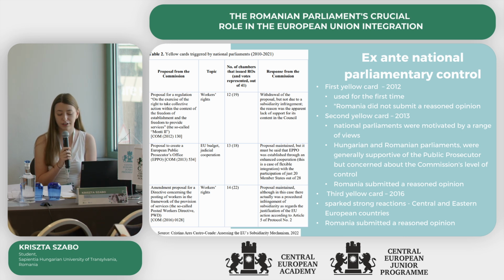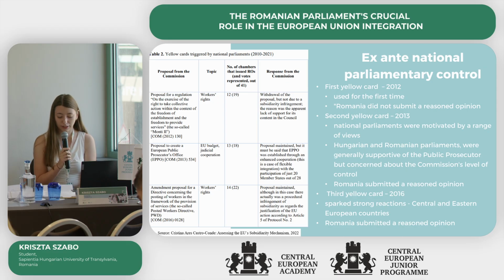Others, such as the Hungarian and Romanian parliaments, were generally supportive of the public prosecutor, but concerned about the Commission's level of control, making subsidiarity a more relevant issue for them. Confronted with this mixed response, the Commission chose not to modify the proposal. And the last one was in May 2016, when parliamentary chambers objected to the Commission's proposed revision of the Posted Workers Directive.